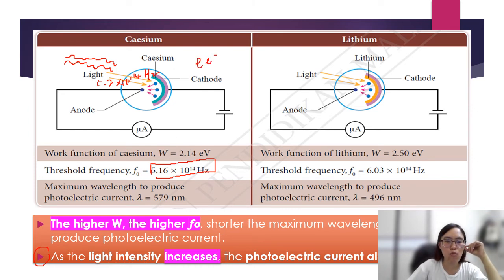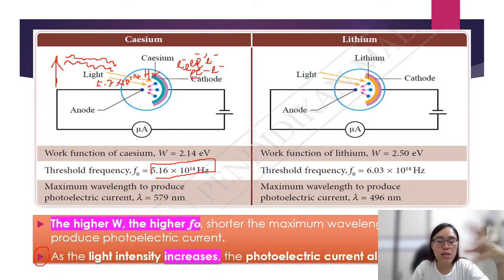Electrons are able to escape through the photoelectric effect. But if the light intensity is higher, you will be able to produce more electrons from it, because the light is brighter, so more electrons are able to receive enough energy for the work function to escape from the metal surface.